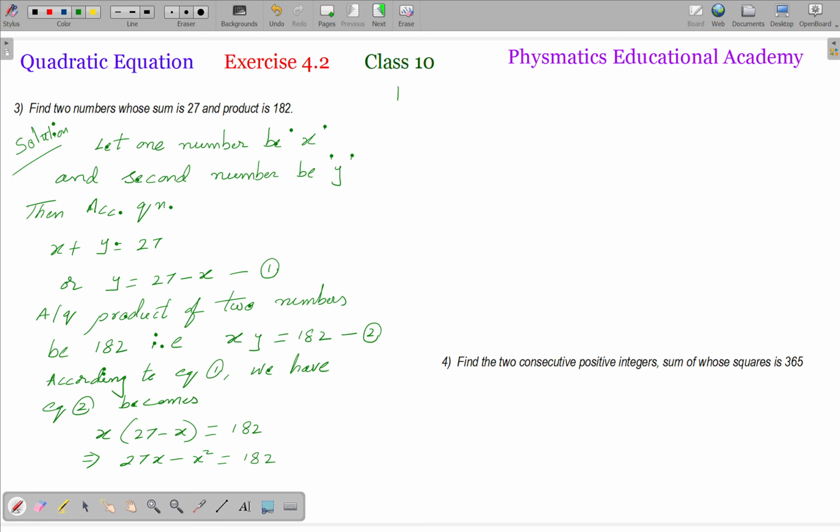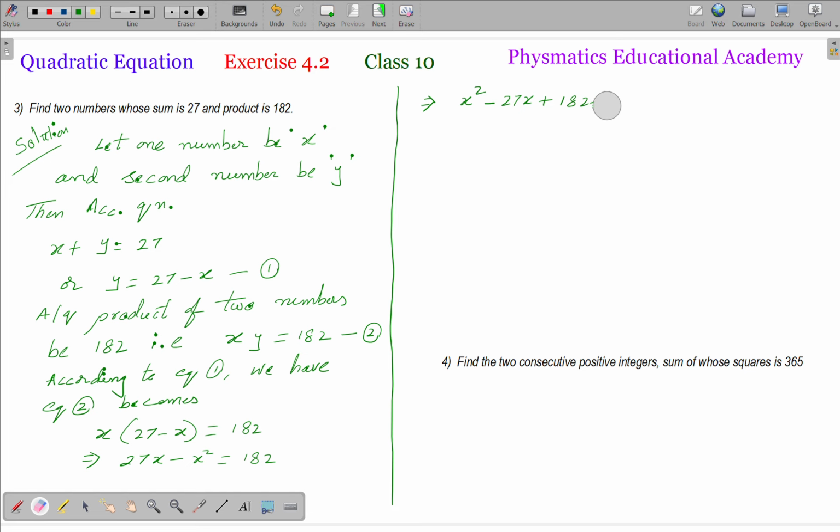That implies x square minus 27x plus 182 is equal to 0.